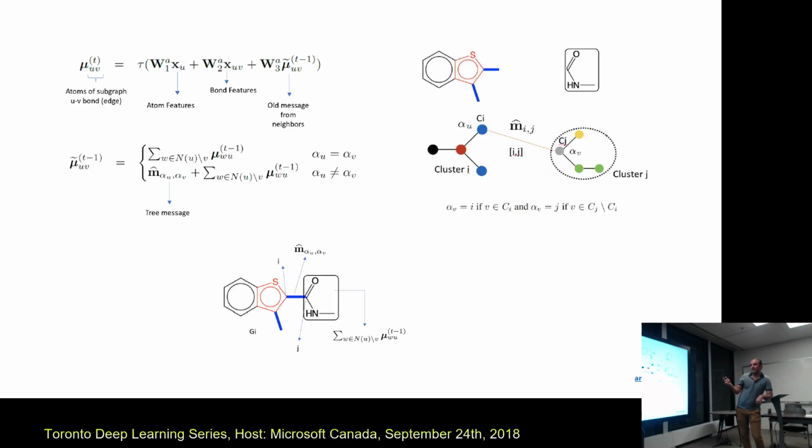But in this case, they're not only using the messages from the molecular graph, but they're also using the messages from the junction tree. So this is a bit different. They're combining the two messages. And they explain how the process is done, but I have no idea how it actually works.